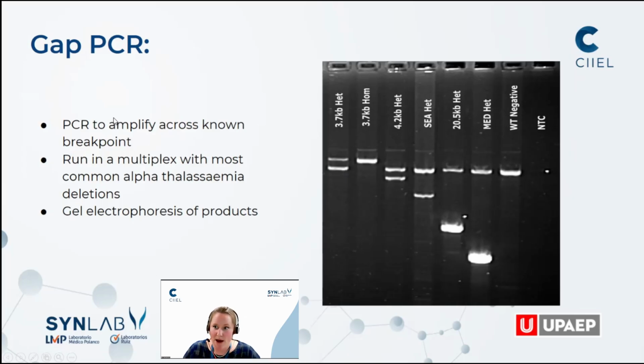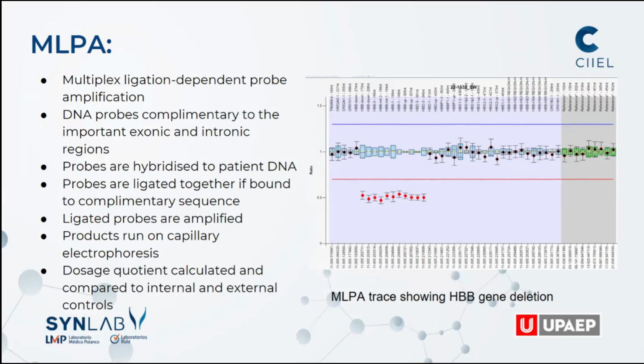And we are able to multiplex that reaction so you can pick up all of the most common alpha thalassemia mutations in one assay. So it's very quick, very easy, very cheap, and very effective for picking up the vast majority of alpha thalassemias.